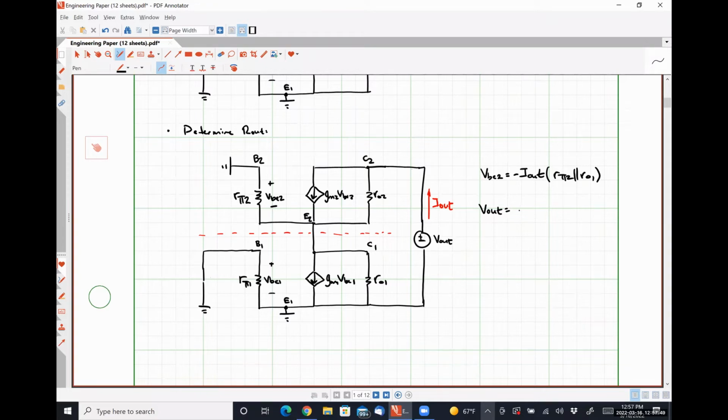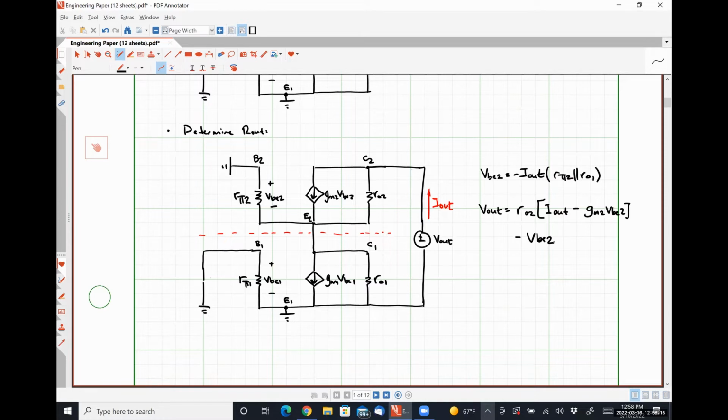So that's going to be a resistor R naught 2 multiplied by I out minus gm2 VBE2, minus VBE2, based on the polarities that we've assumed.